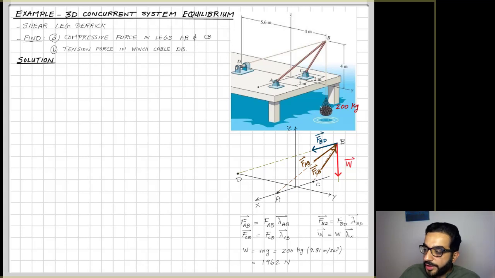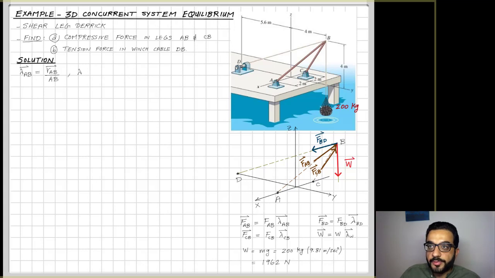So to find FAB, FBD, and FCB magnitudes, I need to deal with equilibrium in a 3D setting. And to do that, I have to find first the unit vectors of these forces. This is the first step of the exercise, to find the unit vectors of the forces using the geometry. We're not dealing with equilibrium forces yet, but we're setting up the problem for the equilibrium analysis.